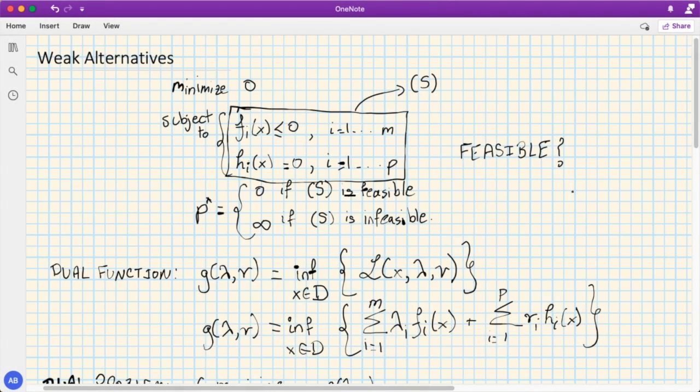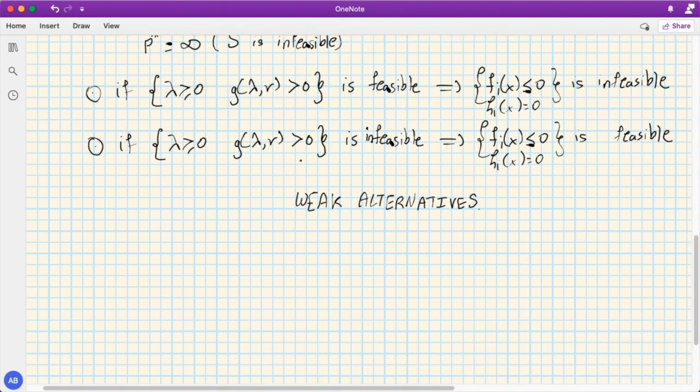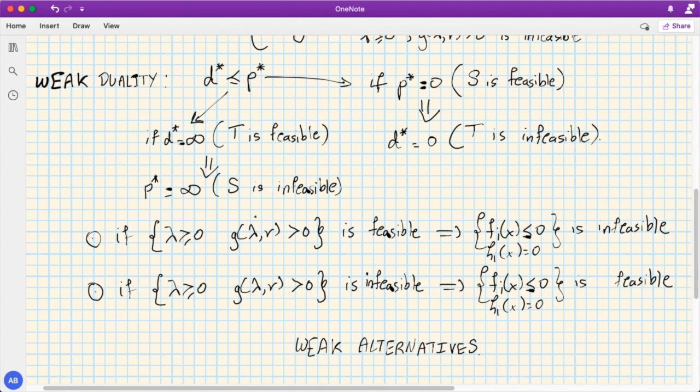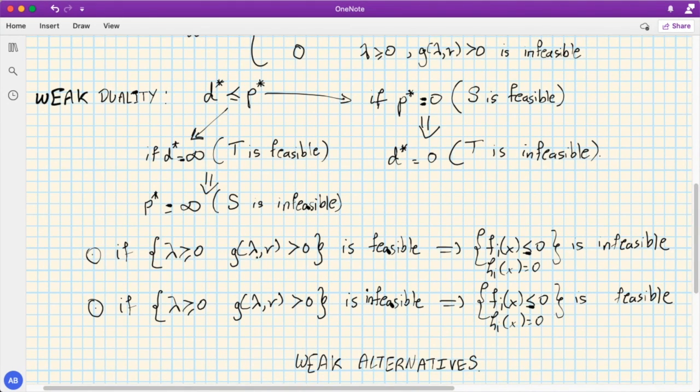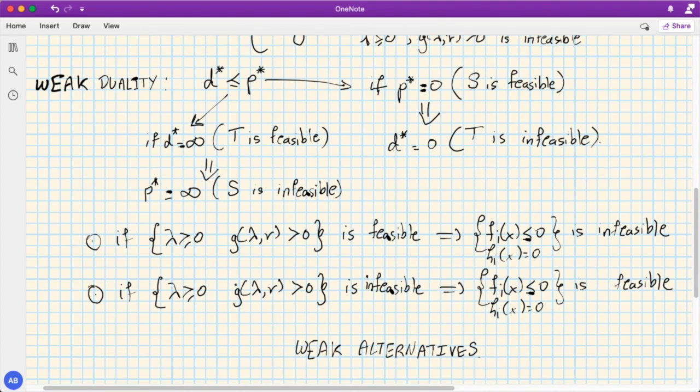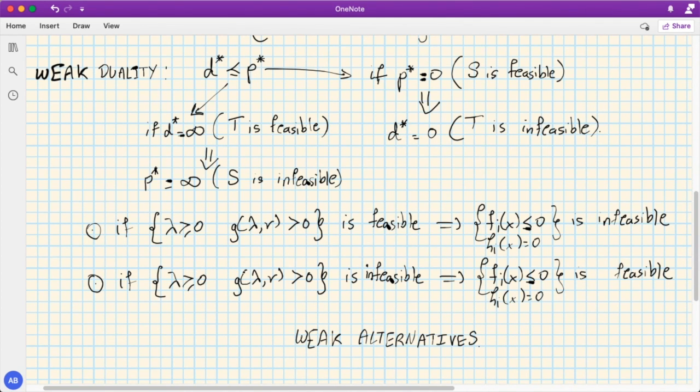It turns out that sometimes before checking if a system of inequalities and equalities holds, it might turn out to be hard to just try to look rigorously for an x that satisfies both inequality and equality constraints. However, if you take a look at the dual constraints, g of lambda, nu and lambda positive, it might turn out to be easier. So let's say you're in a situation where you found your g.